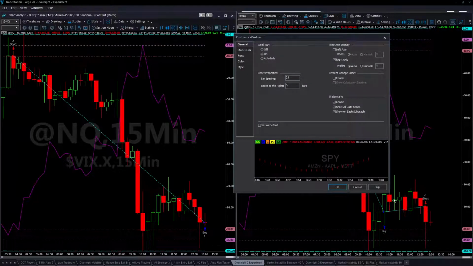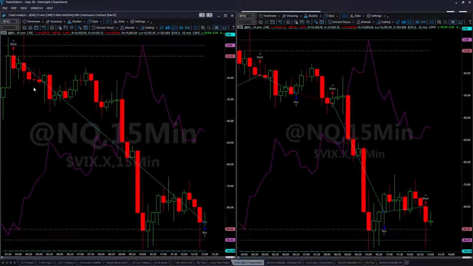But if I wake up in the morning and this has been running since 3:30 a.m., it flagged the signal at 3:30 a.m. and it's going down, then the bias, I know for a fact in the morning, especially if I see phase shift here, is going to be to the downside. So come the open of the market right around here, I'm not looking to take long positions. I'm looking to take short positions.